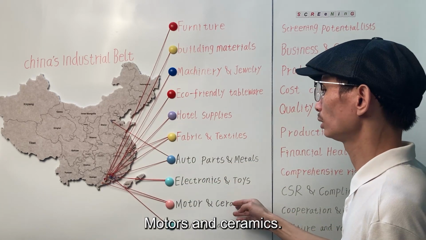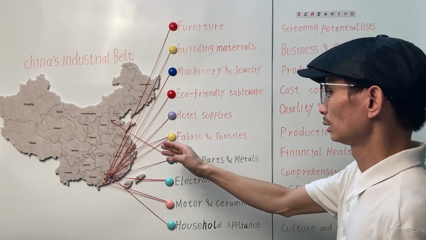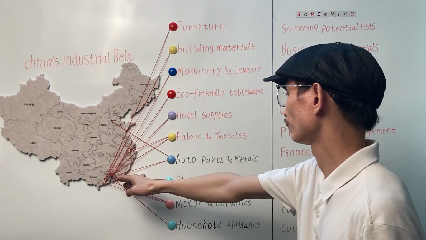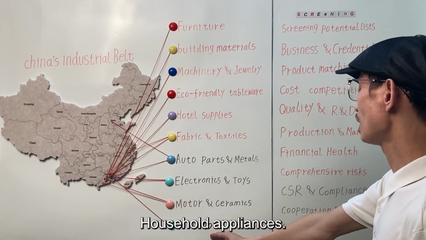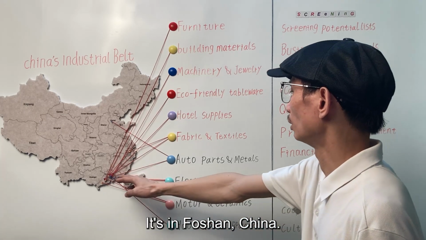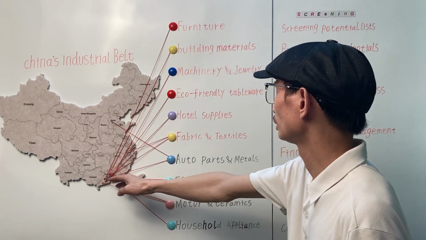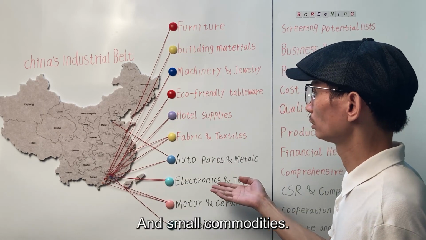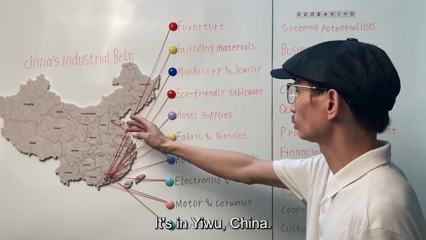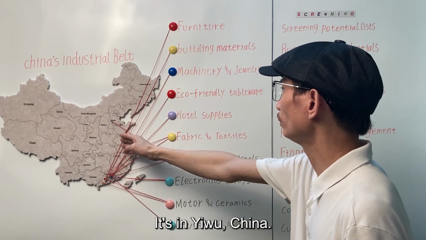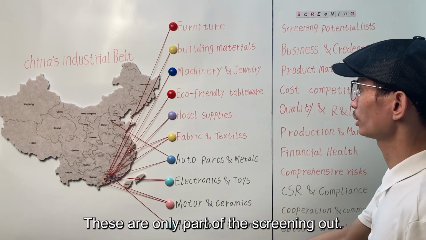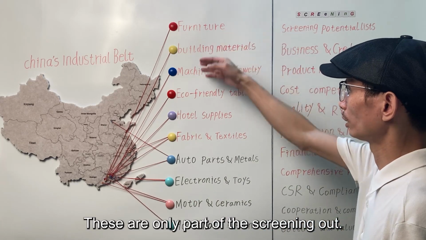Motors and ceramics. It's in Foshan, China. Household appliances. It's in Foshan, China. And small commodities. It's in Yiwu, China. These are only part of the screening out.